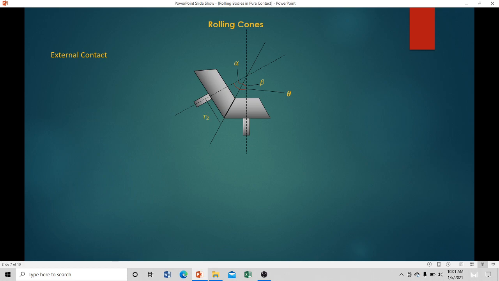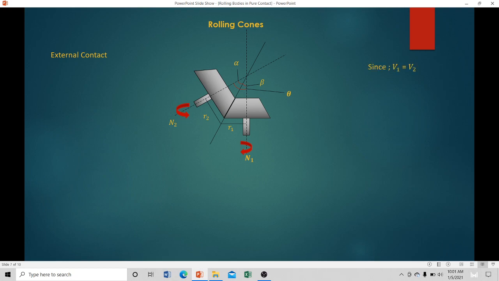The bigger cone, we call cone 2 or radius 2, and the smaller cone, we call cone 1 or radius 1. We have rotational speeds for these two shafts, N2 and N1.